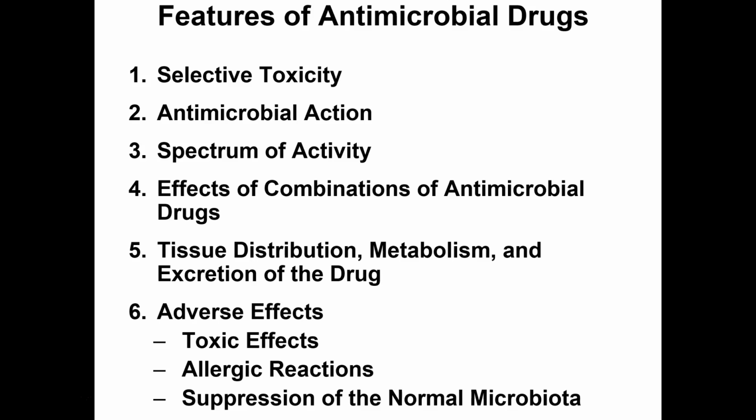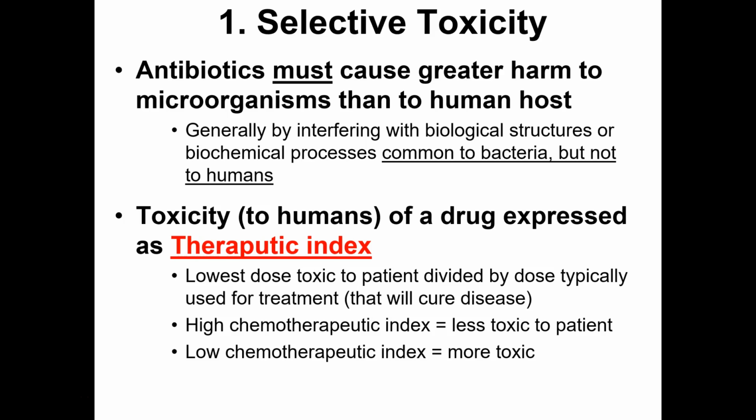Alright, so I want to do first 2 slides here and then I'll shut up. Okay, so we're going to start talking about the features and characteristics of antibiotics. Okay, so the first characteristic, selective toxicity.